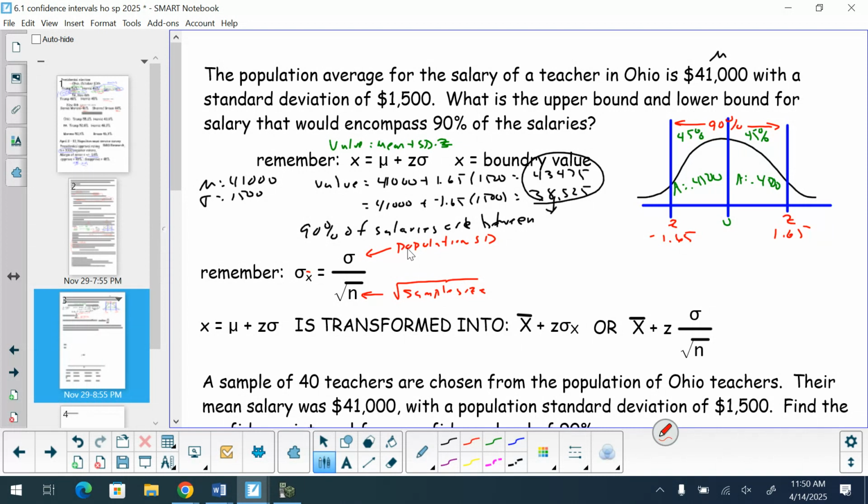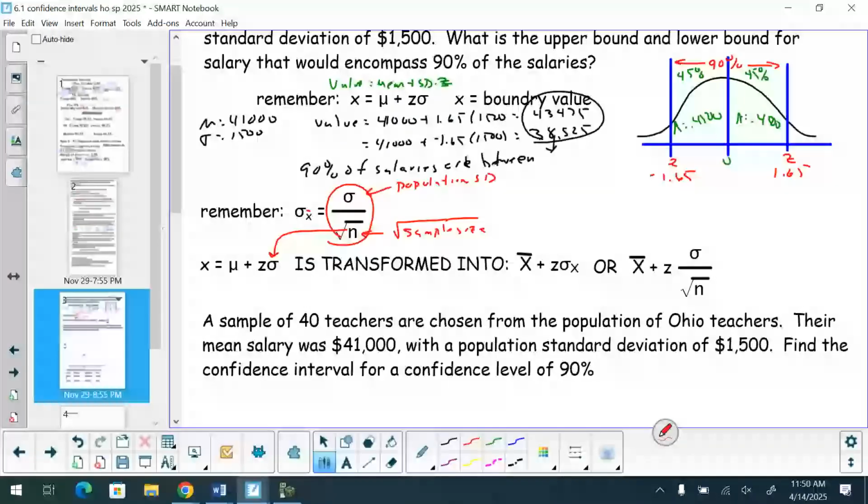We found our value to be sigma divided by square root of n. Now, when we substitute this in, we use our sample size and our sample mean.